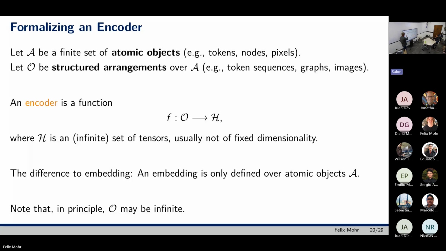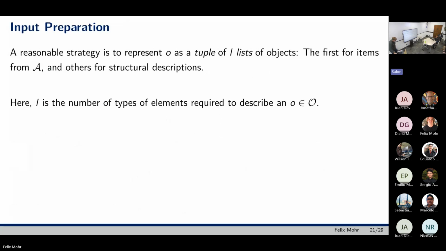So A is finite, but O not necessarily. And I must be able to encode any arbitrary word or sentence from O into a tensorial representation. Okay.